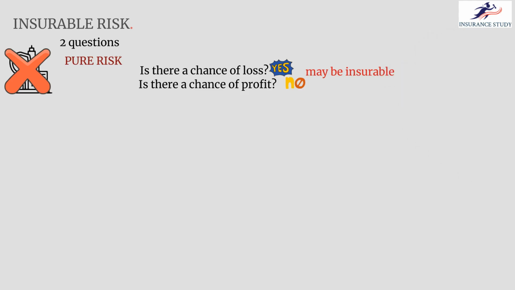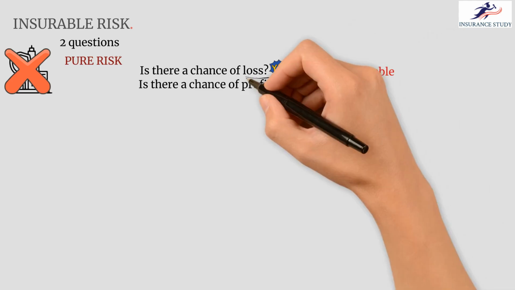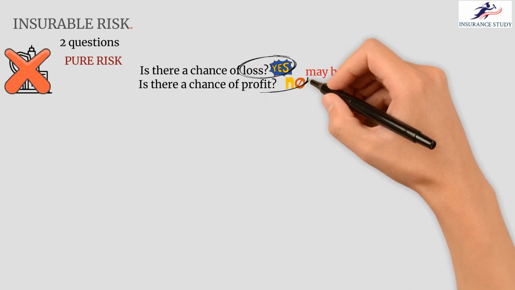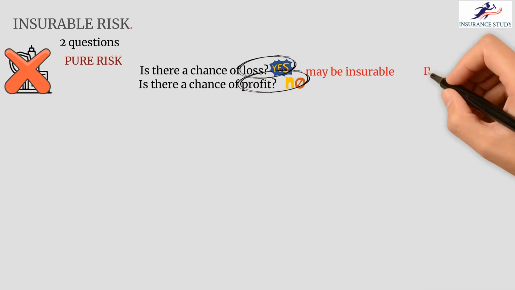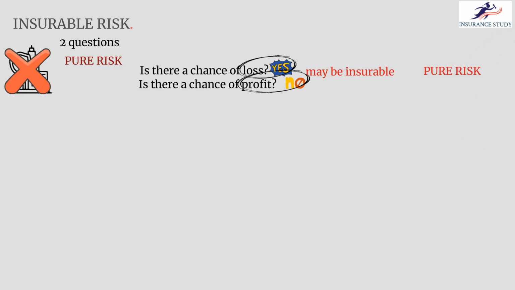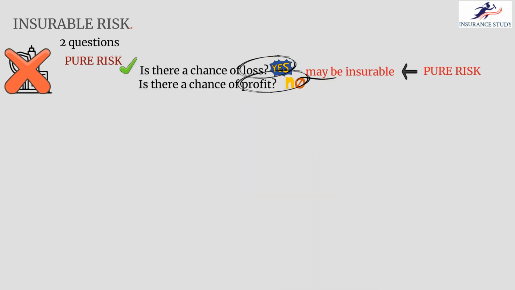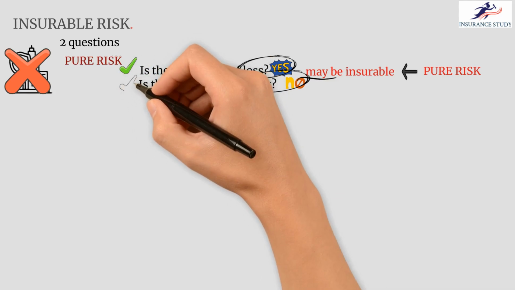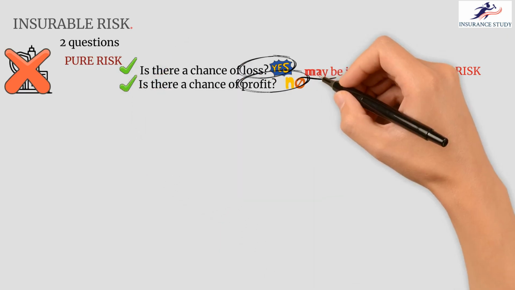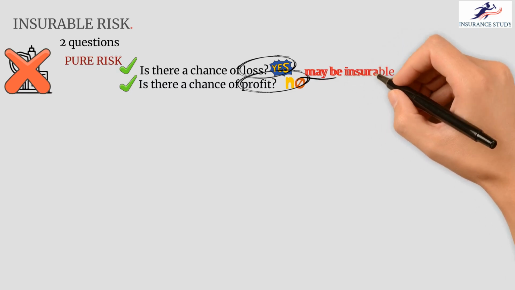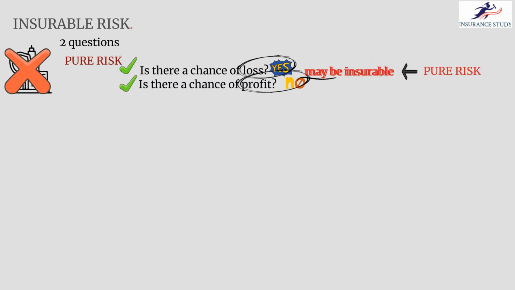So remember this simple exam formula: loss, yes, profit, no. Pure risk may be insurable. So exam tip: be careful with the word may. The textbook says that if there is a chance of loss and no chance of profit, the subject matter may be insurable. Do not automatically assume that every pure risk is covered by every insurance policy.